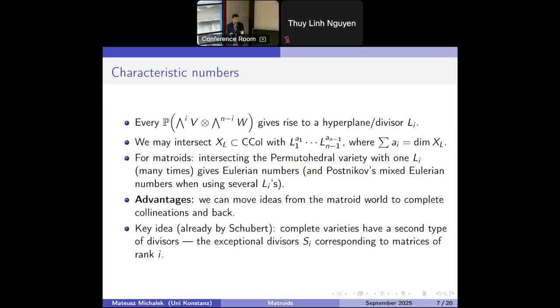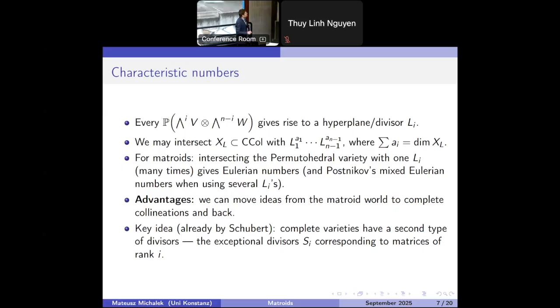It's a different hyperplane. And such things we call divisors for a variety. They are codimension 1 subvarieties if we intersect them with the hyperplane in the ith projective space. And let me call such a divisor Li. So there will be L1, L2, L3, and so on.